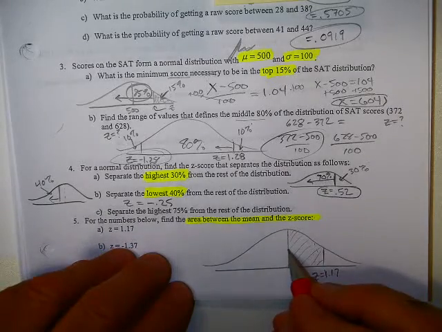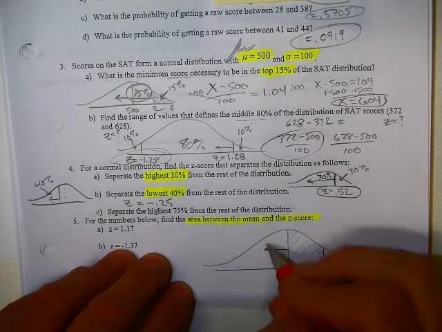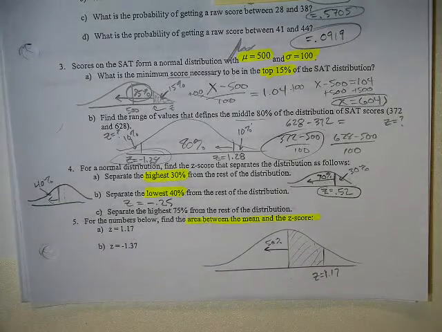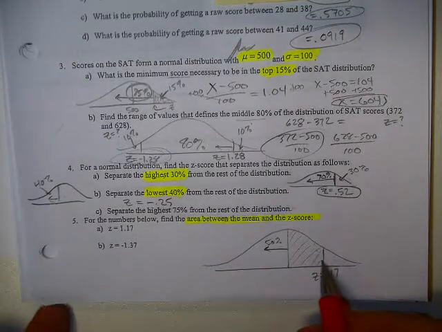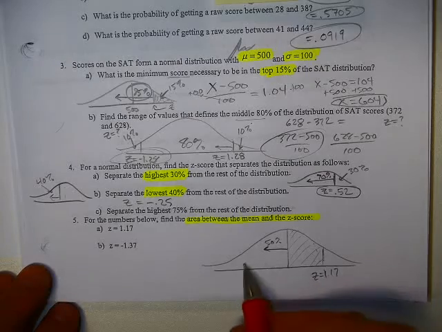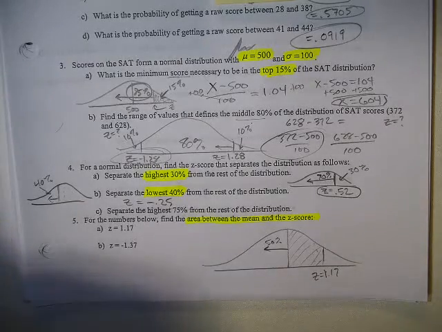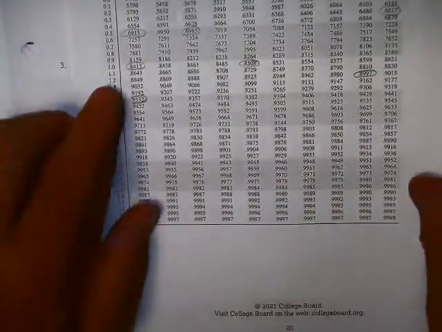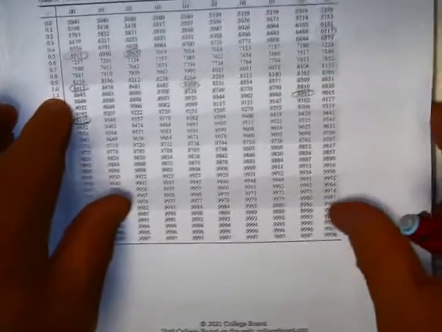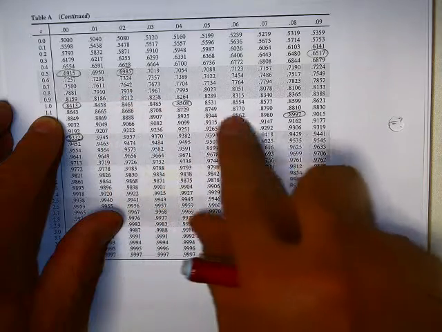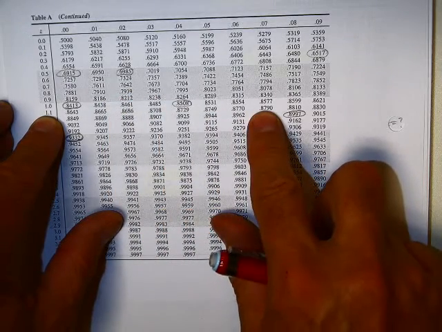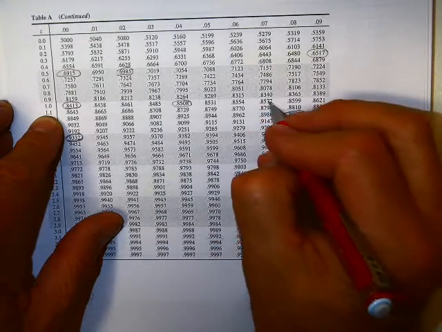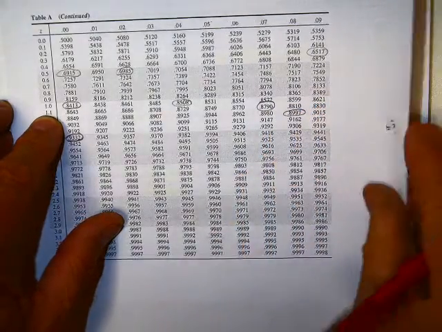Now, I know that this side of that mean has 50% of the data. What I don't know is how much of the data falls less than the 1.17, so I go to table A, and I go to 1.1, and then over to 7, and that's 0.8790, so almost 88%.